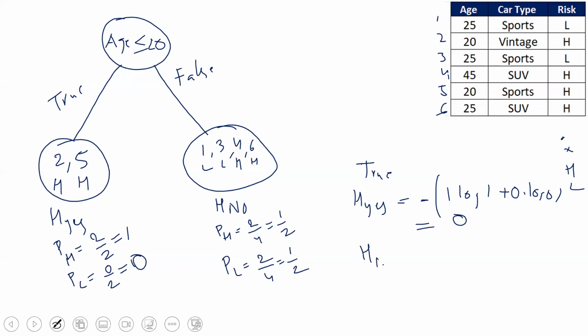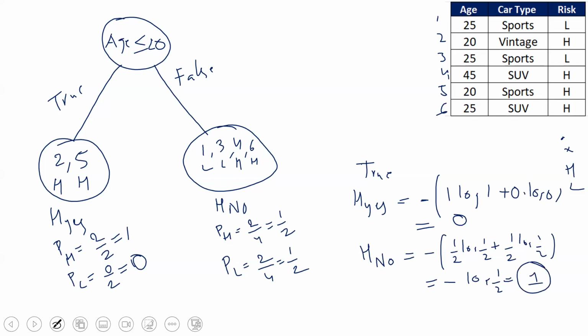Now the entropy of no is equal to minus 1 by 2 log 1 by 2 plus 1 by 2 log 1 by 2. That becomes minus log 1 by 2, which is 1. So the entropy of no is equal to 1, and the entropy of yes is equal to 0.